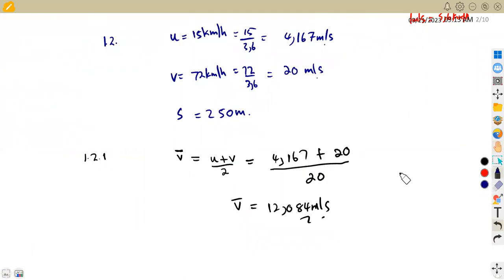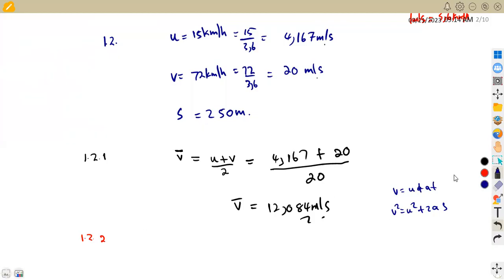We have U, V, and S. We have the formula V is equal to U plus AT, but we can't use it because we do not have T. We also have V squared equals U squared plus 2AS, which is best to use in this case because we've got S, we need A, and we've got U and V. So we're going to take this formula.